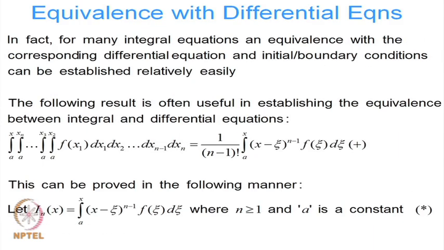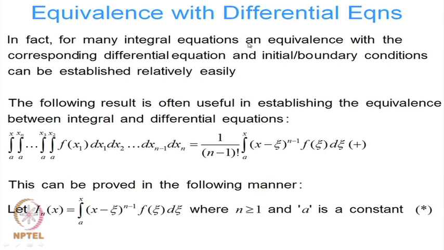And before we do that, I want to establish some sort of equivalence. Typically in most cases, if you have a differential equation which describes a physical phenomenon, it is possible to have a corresponding integral equation describing that physical phenomenon as well.